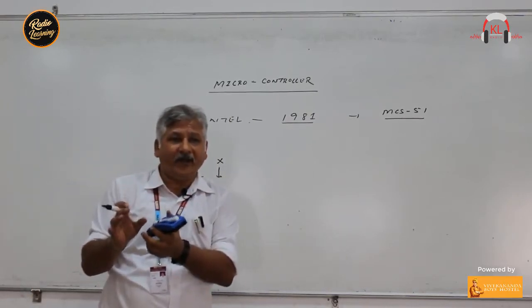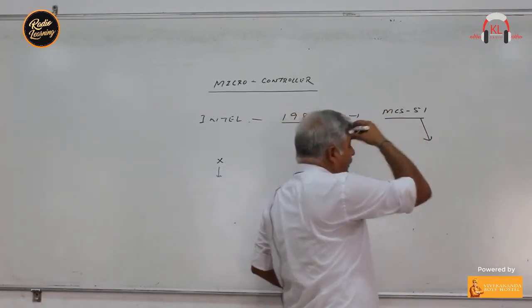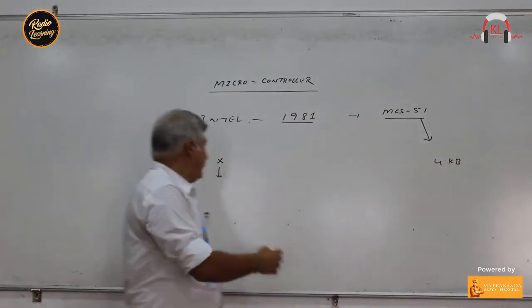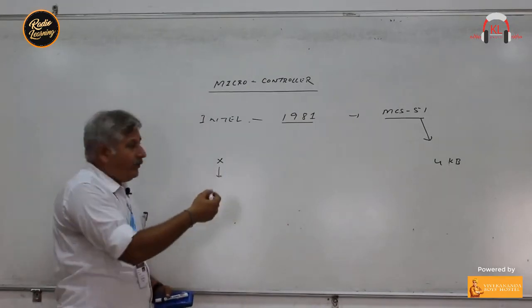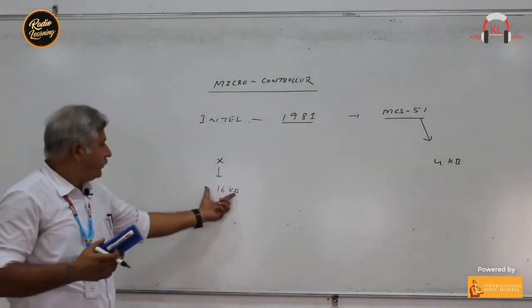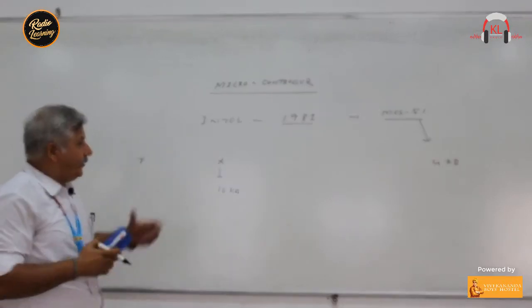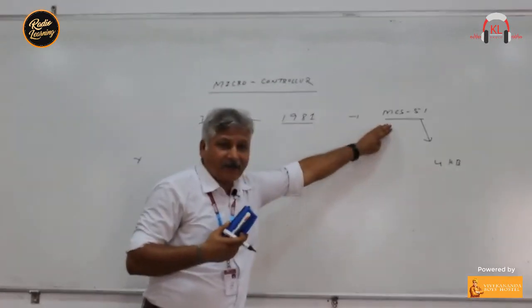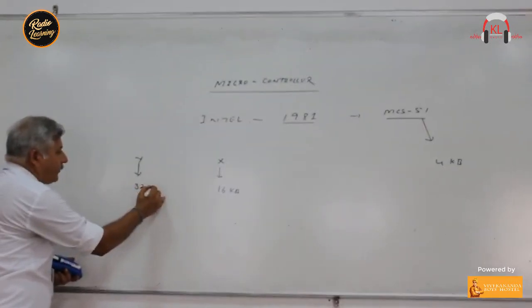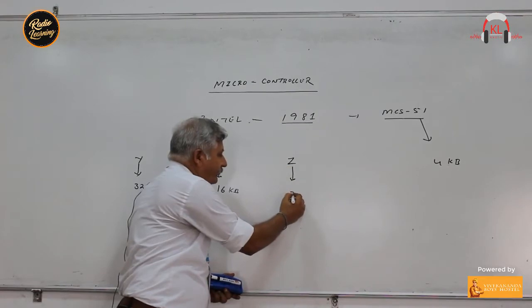Slight variation means, suppose this controller has a program memory of size 4 KB, then this company can have a program memory of size 16 KB. So this is a variation. Program memory size is more here. Now another company Y can also manufacture a controller based on this architecture with an internal program memory of 32 KB, right? Maybe a third company, Z, can have 3 timers.